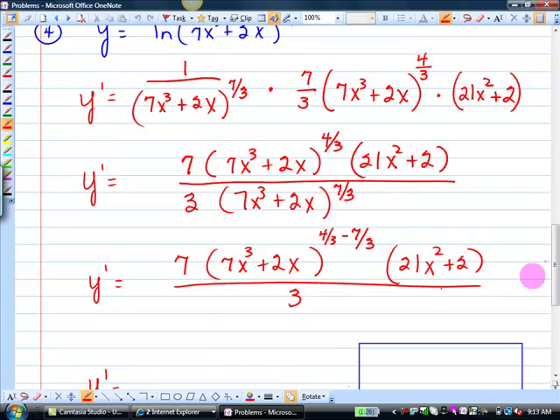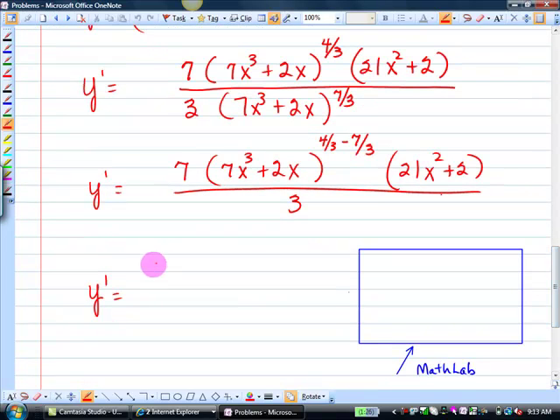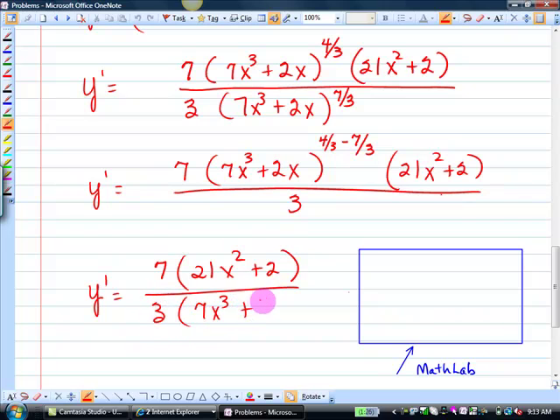So I have 7 times this thing's left over 3 times that thing. And then in MATLAB, just out of the blue, they want you to factor something out on the bottom. What could you factor out?